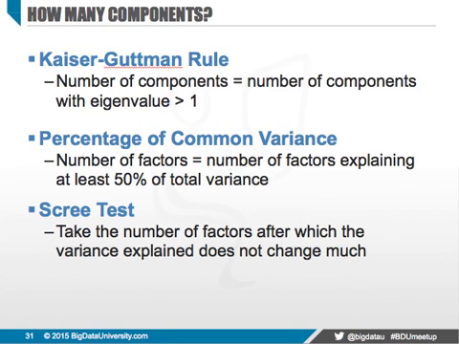Another way, which is quite frankly very similar to the Kaiser-Guttman rule, would be to take a look at the total variance in the matrix that is explained. If the total variance in the matrix is 1, you can examine how much of the variance is explained by each component in terms of proportion of 1. So once you go from one component to another, you will be looking at the cumulative variance that one component plus two components explain within your matrix.